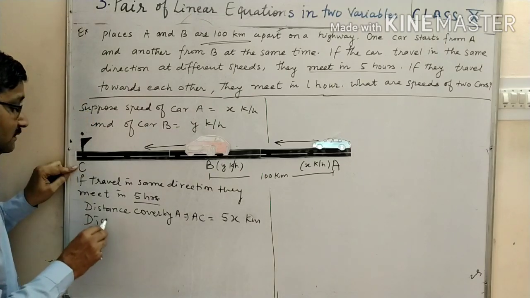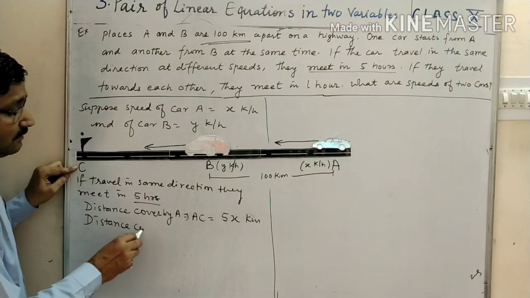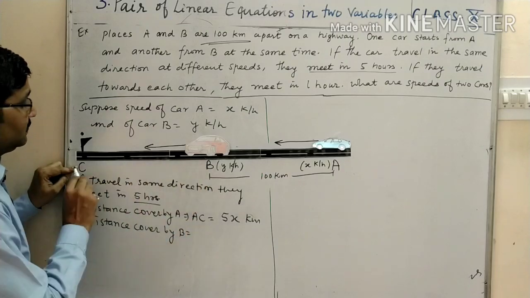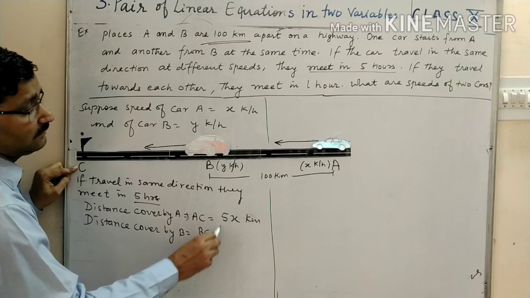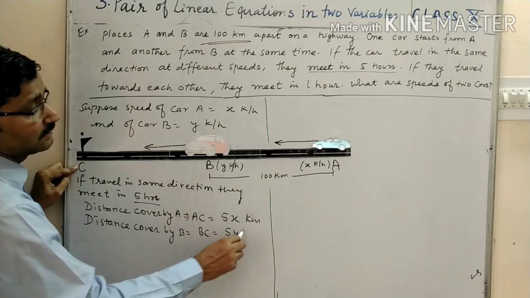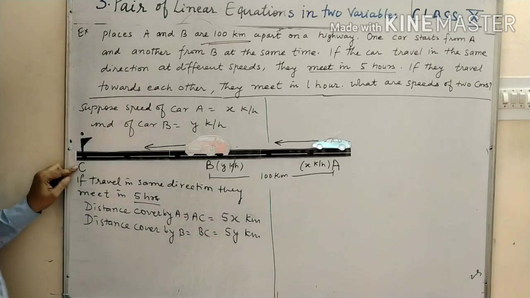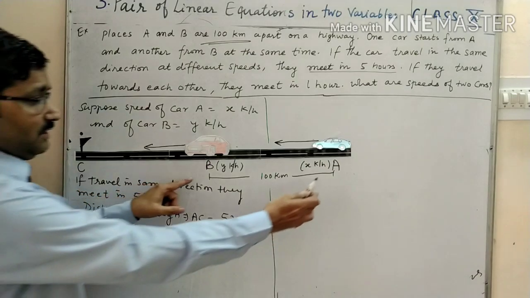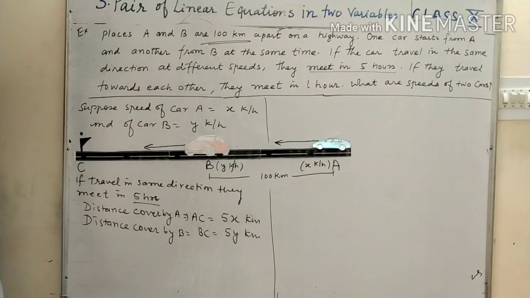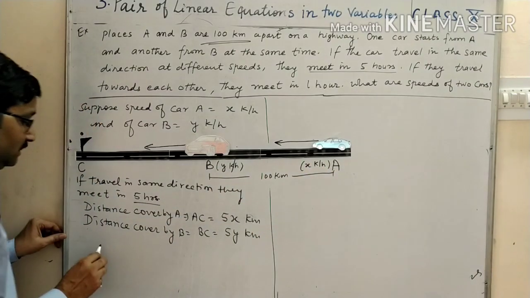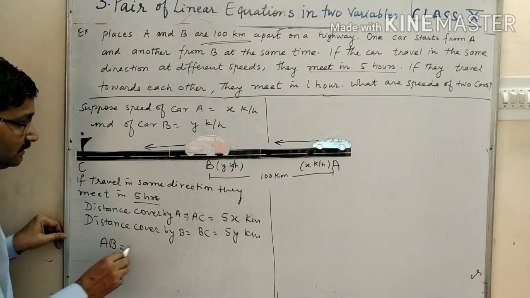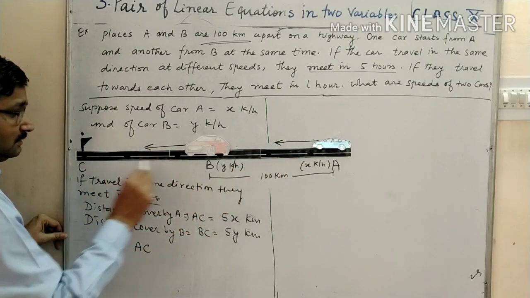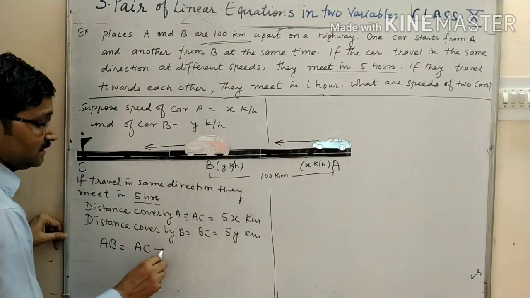Similarly, distance covered by B, BC, will be 5y km. Now the distance AB is given to you. AB you can write as AC minus BC.